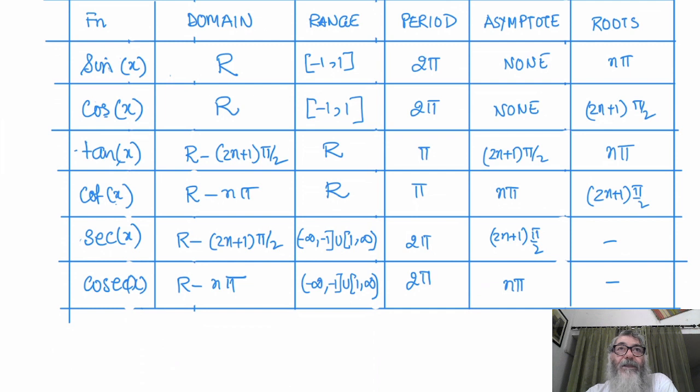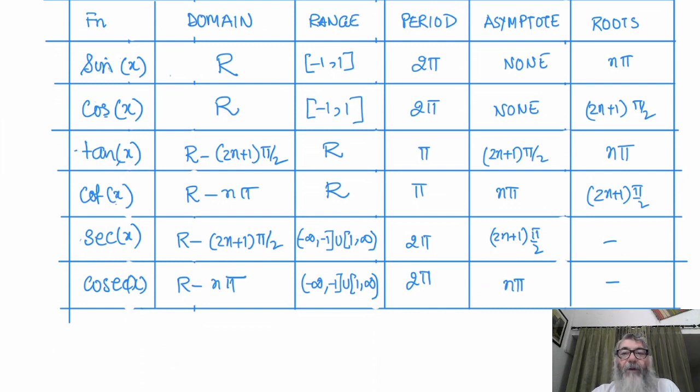A vertical asymptote means the function approaches a vertical line which it will not touch, but it will approach that value. So there are no vertical asymptotes. Roots are n pi, which means at n pi the values are 0.